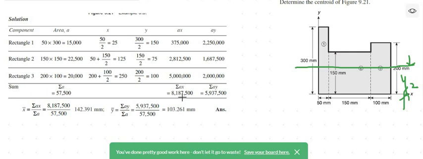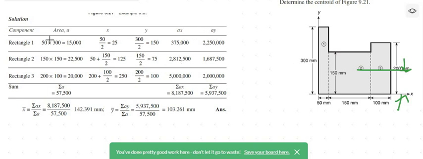And next y3. Y3 is here. What is y3? It is 200, so 200 by 2. For the third rectangle, draw the local axis xg3, y3, so 200 divided by 2.